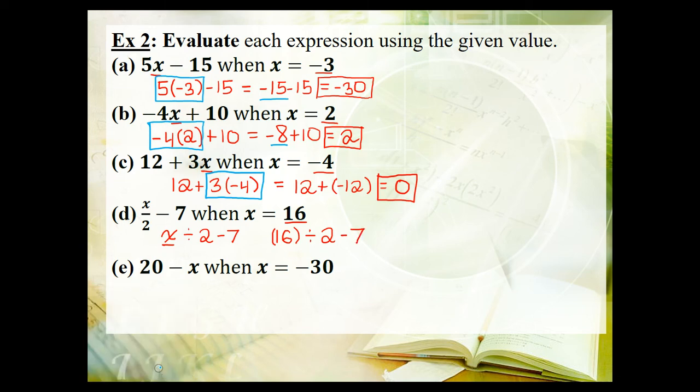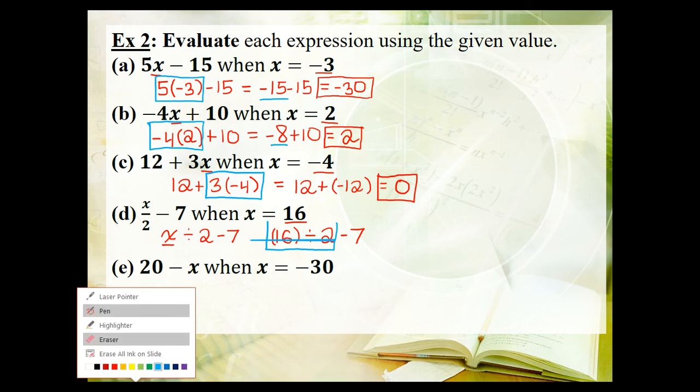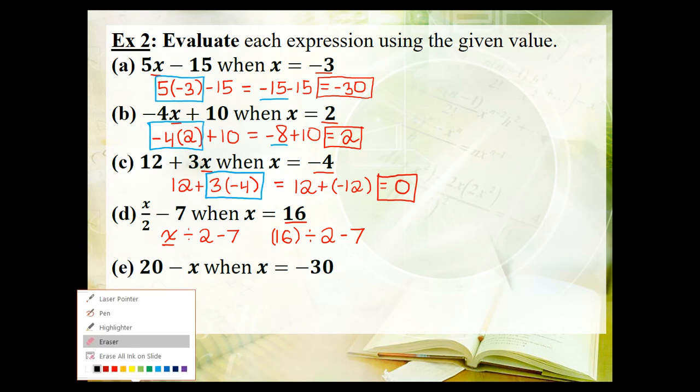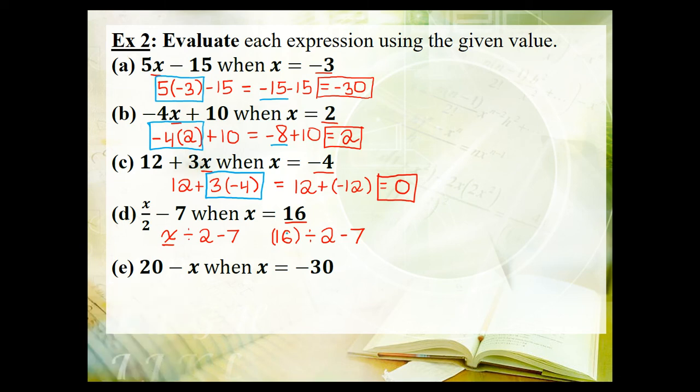Now, the order of operations here would tell me you must do division before subtraction. So this is the thing I'm going to do first. Sorry about that. Okay, so we're going to do this first. 16 divided by 2.